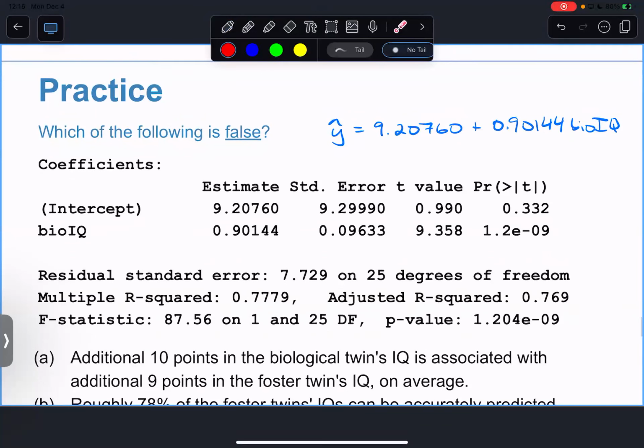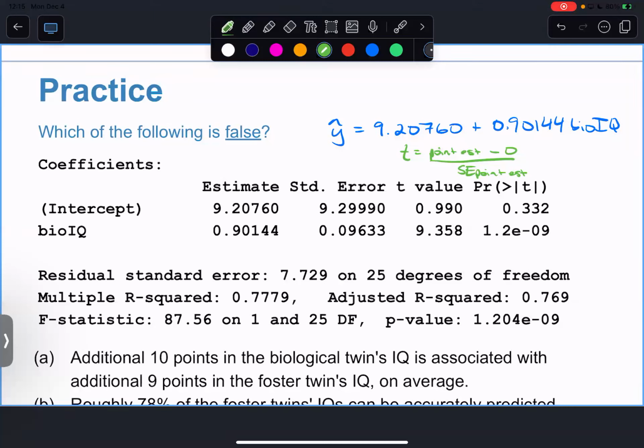The output gives you the estimate, which is the point estimate of the intercept and the slope, and gives the standard error of each of those. It calculates the t, where the t is the point estimate: how far is it from zero, taking into account the standard error of the point estimate? That's a t. We know what to do with t's.